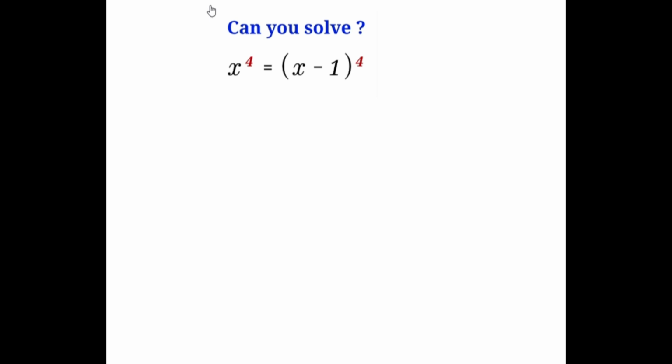So, doing this, we have x to the power of 4 minus (x minus 1) to the power of 4 equals 0. Rewriting this, it can be written as (x to the power of 2) all squared minus ((x minus 1) squared) all squared equals 0.